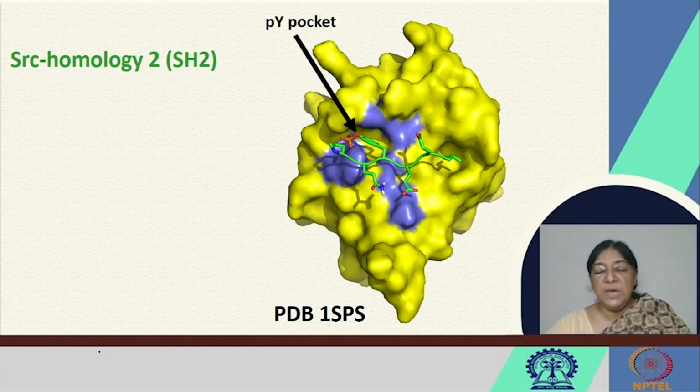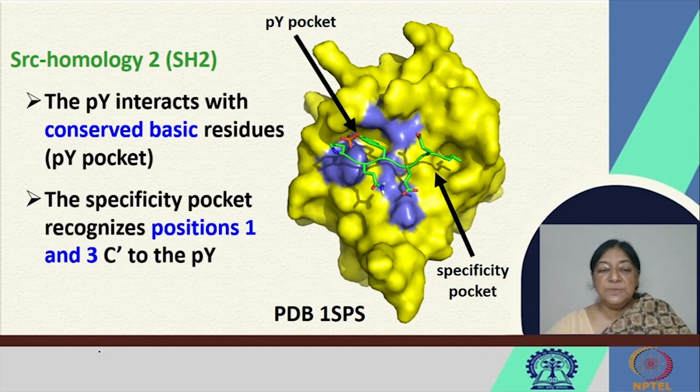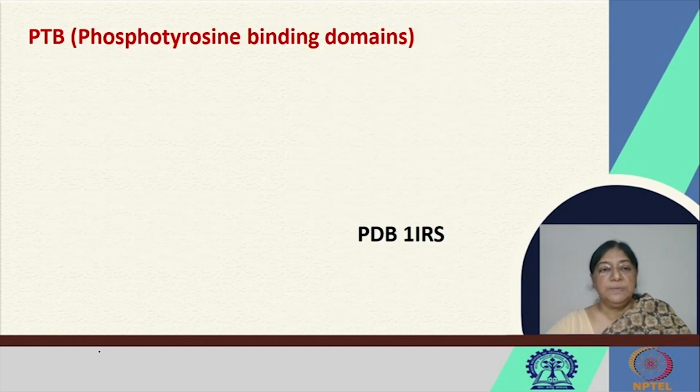So there is a PY pocket, that is the phosphotyrosine pocket, and we have a specificity pocket related to the geometric and the chemical complementarity that is required for the strong affinity. The PY interacts with conserved basic residues, and the specificity pocket recognizes specific positions of the receptor protein.